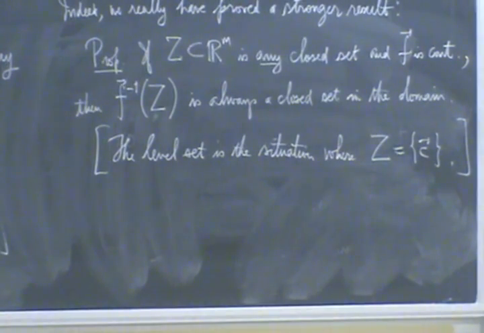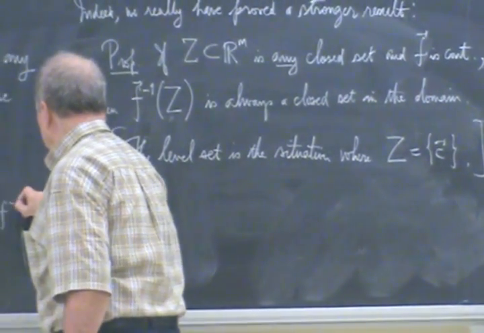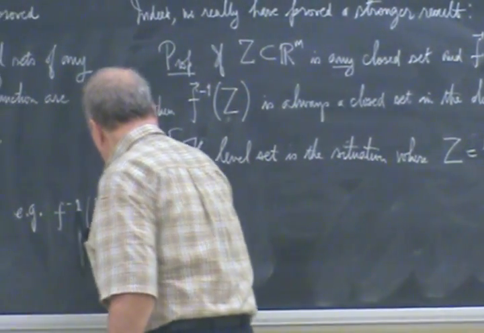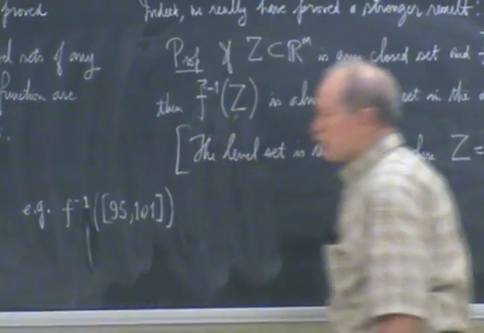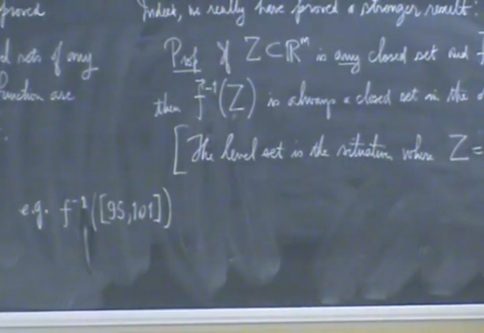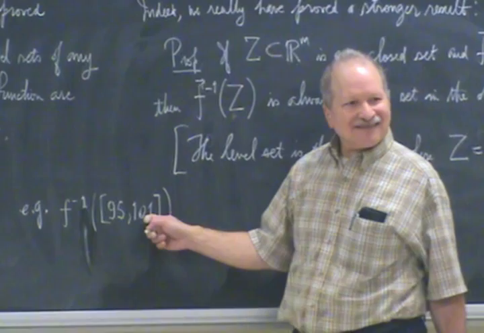So if I asked you, consider all the points where the temperature is between 95 and 101 inclusive. Take the closed interval and ask yourself, at what points is the temperature any number between 95 and 101?